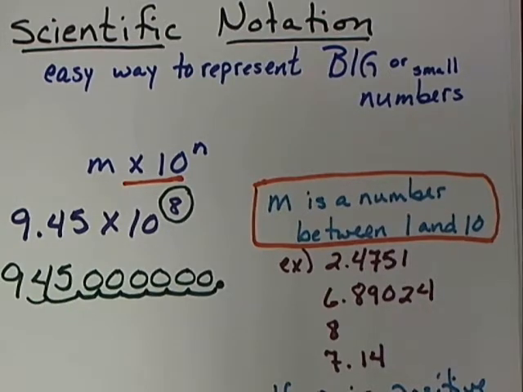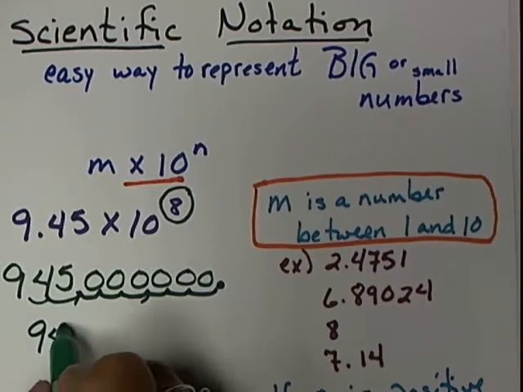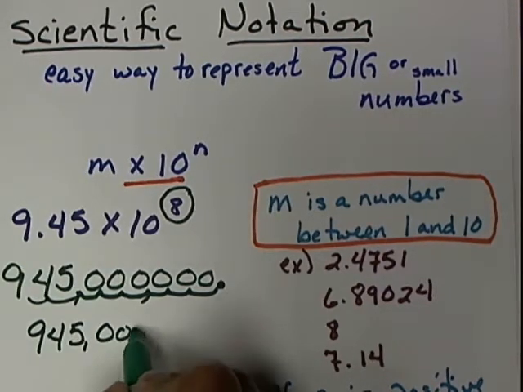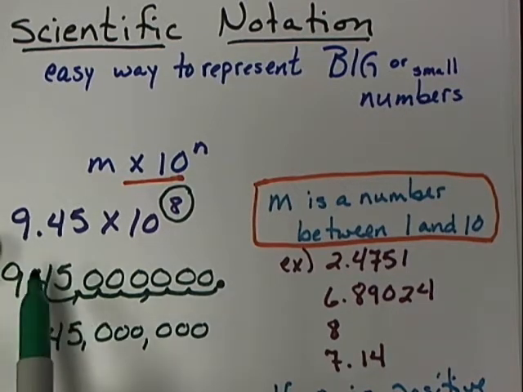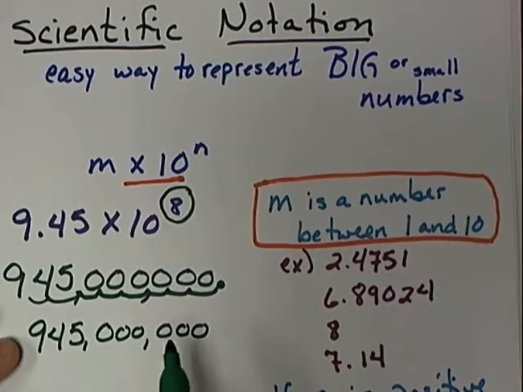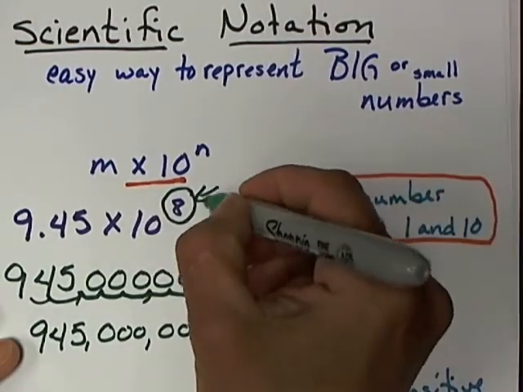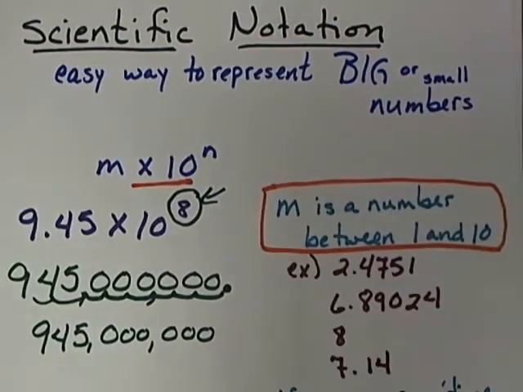So 9.45 times 10 to the 8th is the same thing as 945 million. So to convert the scientific notation number to the decimal, we move the decimal point n times, and because n was positive, we move it to the right.